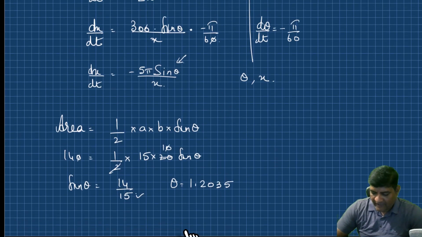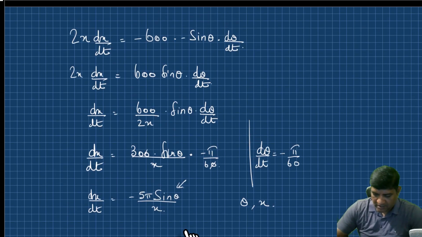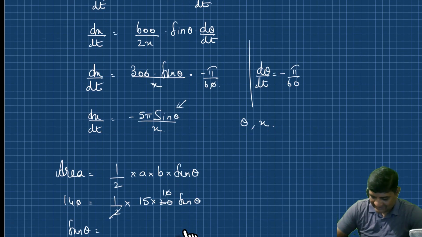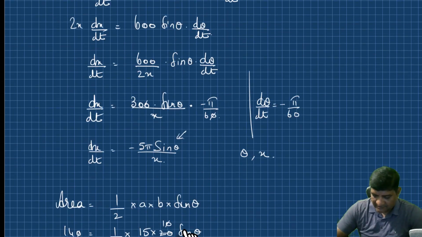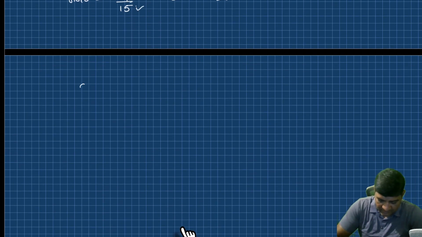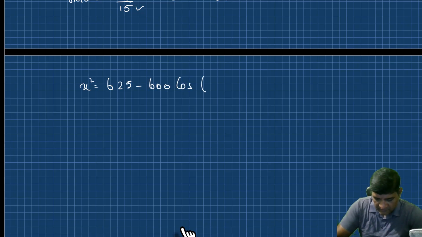Now, when the value for theta is so and so, I now need to find out what is x. And as I know that x squared is 625 minus 600 cos of 1.2035.